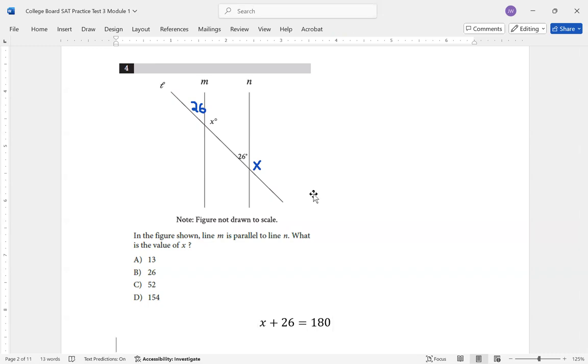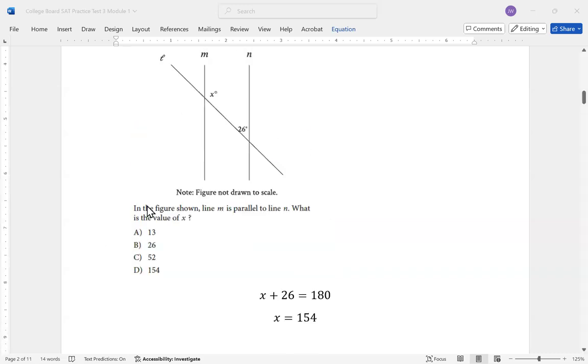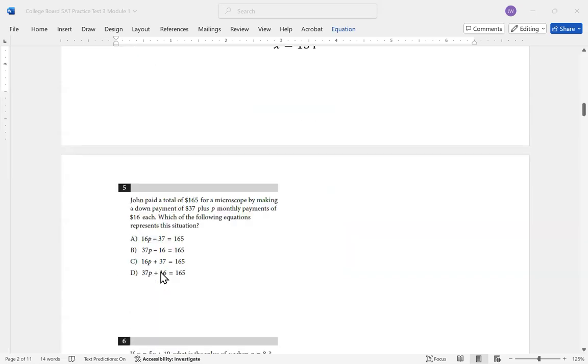So that gives me X equals 154. I know that's at the bottom. So X equals 154 is what we're looking for. And that's answer D. 154 is the correct answer for question 4.